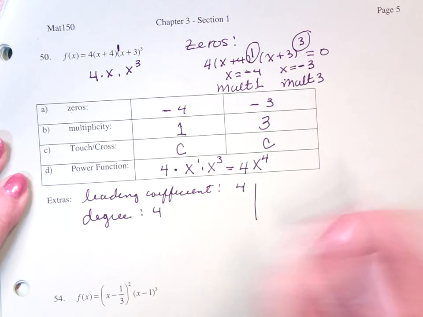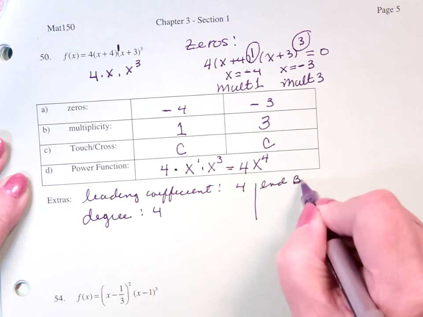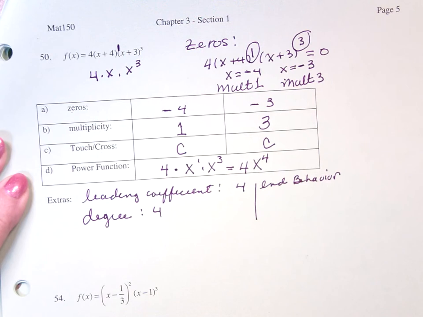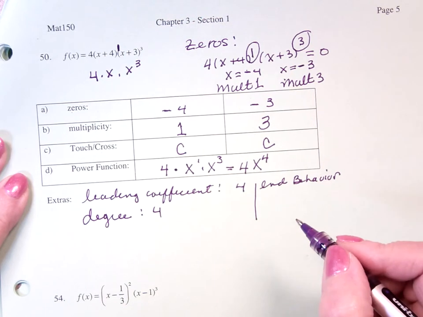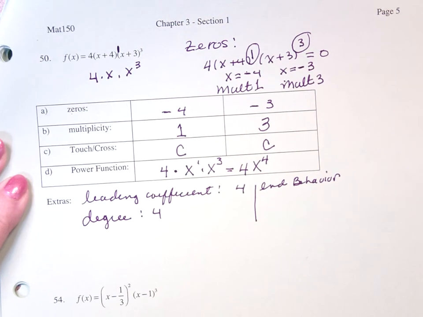Now, what about end behavior? Degree even is what? It's top, top, bottom, bottom, bottom, top, top, bottom. The degree even is always the same direction, like x squared.